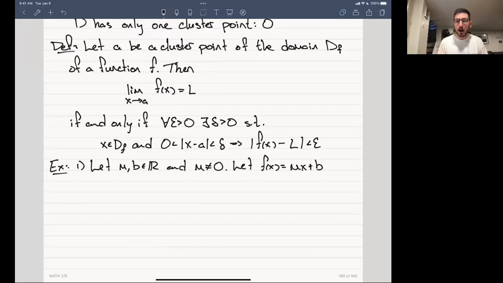So it's a line, right? Then we claim that the limit as x approaches any a in the domain of mx plus b is equal to ma plus b.